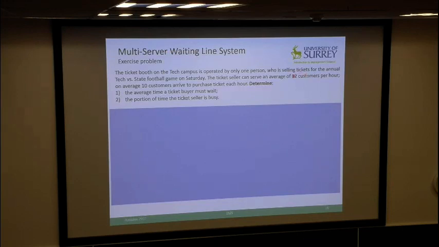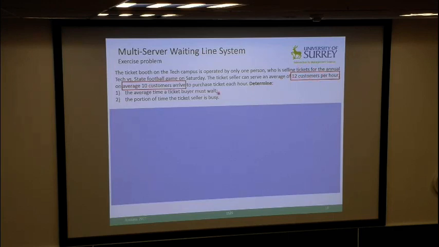The ticket seller can serve an average of 12 customers per hour, and on average 10 customers arrive to purchase each hour. So we can immediately know two things: what the service rate is and what the arriving rate is.